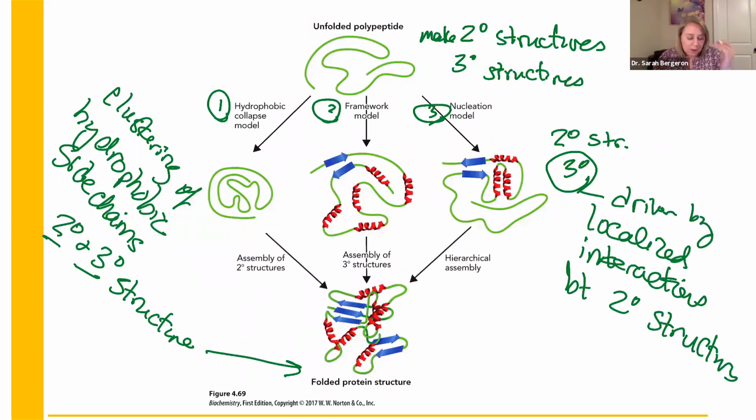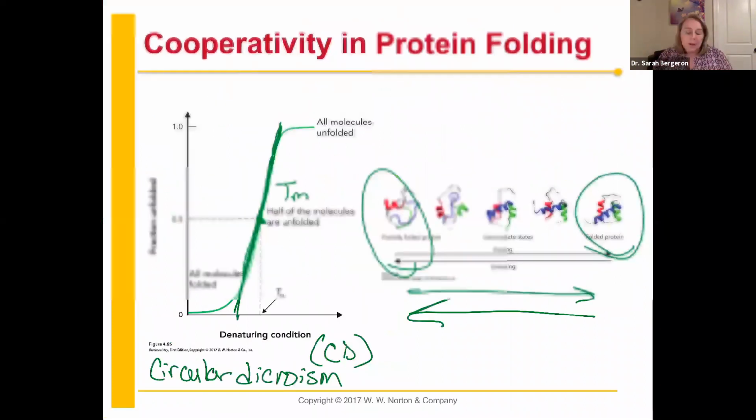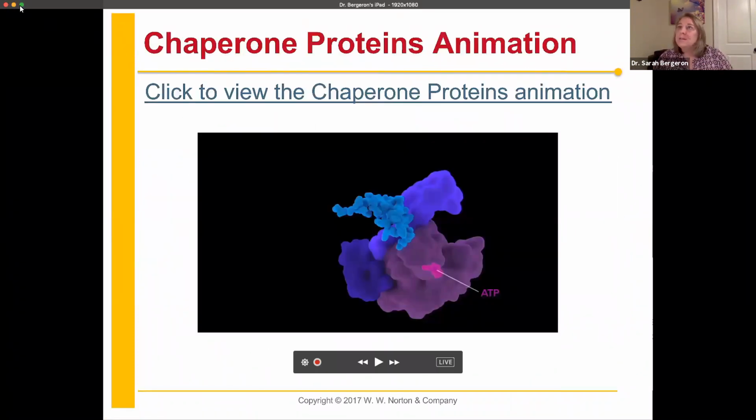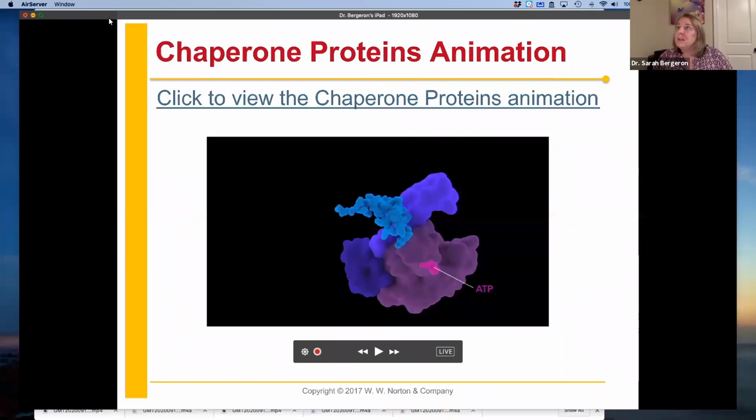So in the framework model, it happens sequentially, but they're independent. In the nucleation model, it happens sequentially, and tertiary is dependent upon interactions between secondary. So there are 3 different models, and all proteins kind of undergo a combination of these, with exceptions. Now I want to show you how some of these chaperone proteins interact.